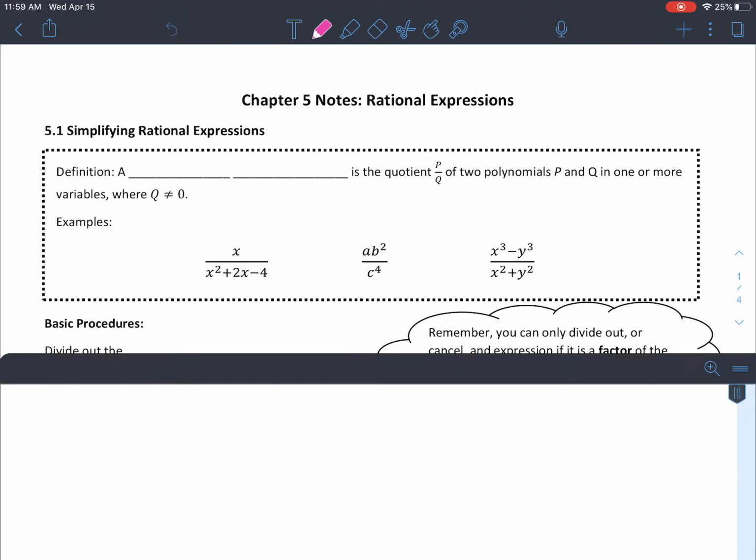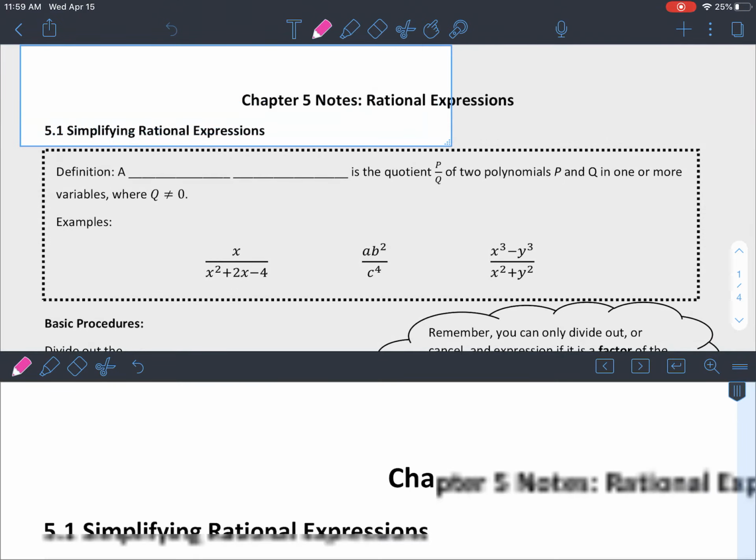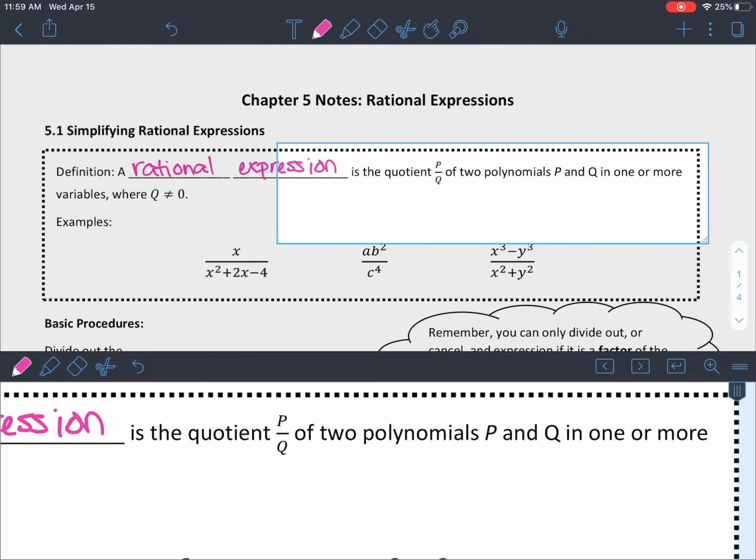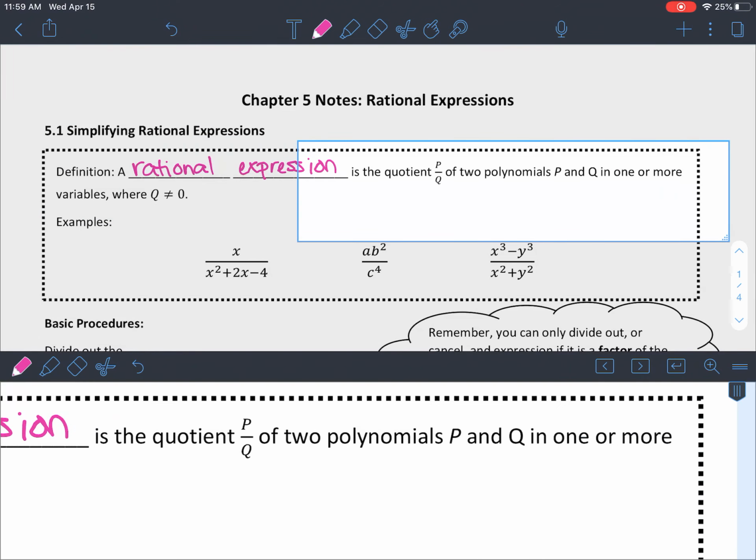So starting off, we need to define what a rational expression is. A rational expression is the quotient, so that's when you divide a p and a q. So the quotient of 2 polynomials.